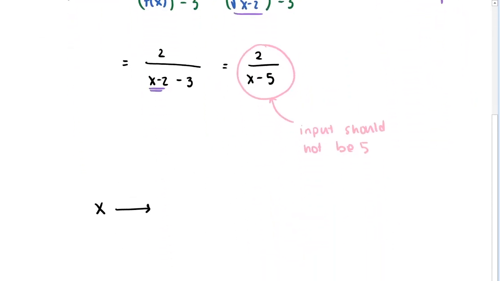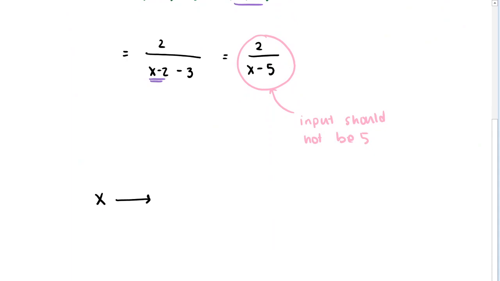So f of x is what we're really going to input into first, and then we're going to take that result and input it into our g function, right? That's what composition means, and then our result is the result of our composition. And so this is the idea of the composition above.